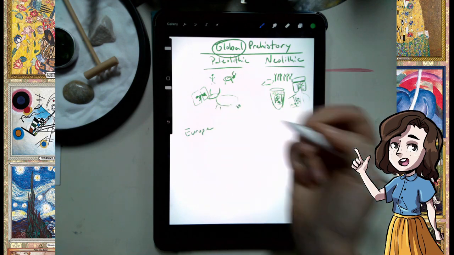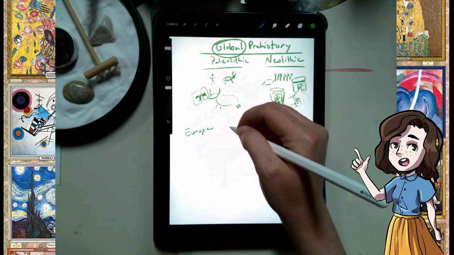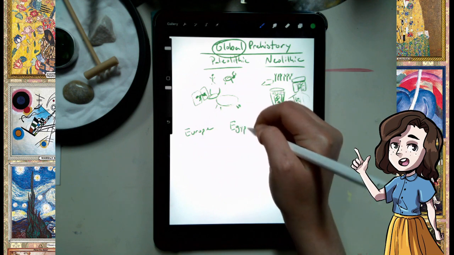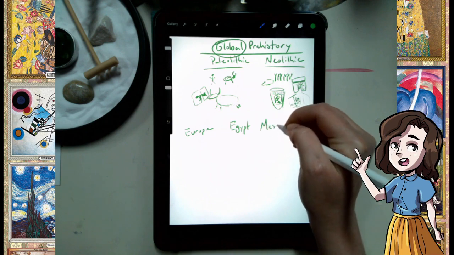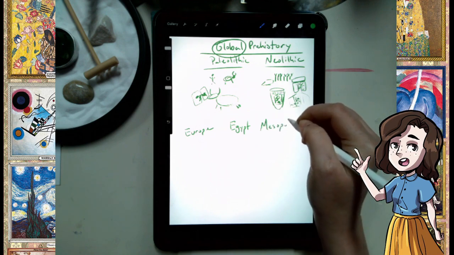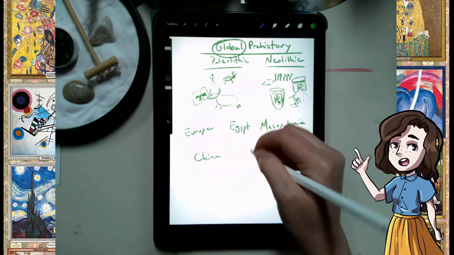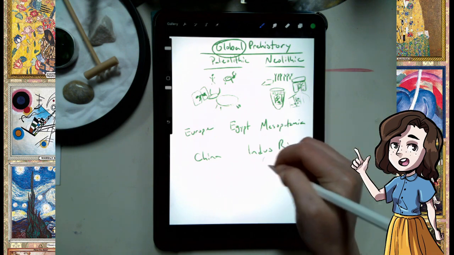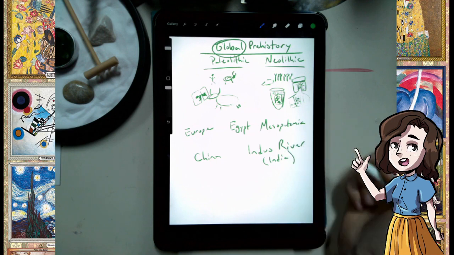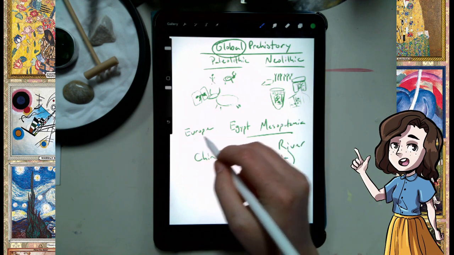So we do have people starting in Europe with Lascaux, but our big ones are going to lead into Egypt, which is going to be a big area in Content Area 2, Mesopotamia, China, and the Indus River Valley. And if you're like, Indus River Valley, that's India. So these are kind of the powerhouses, like the Middle East, Africa, a little bit of Europe.